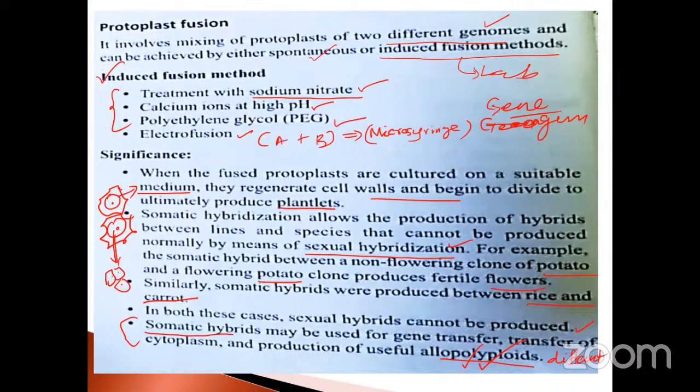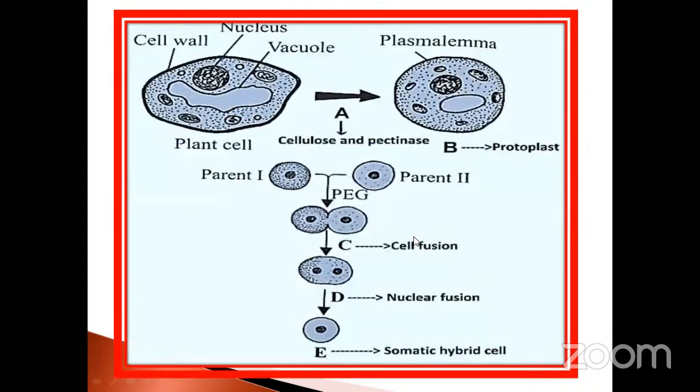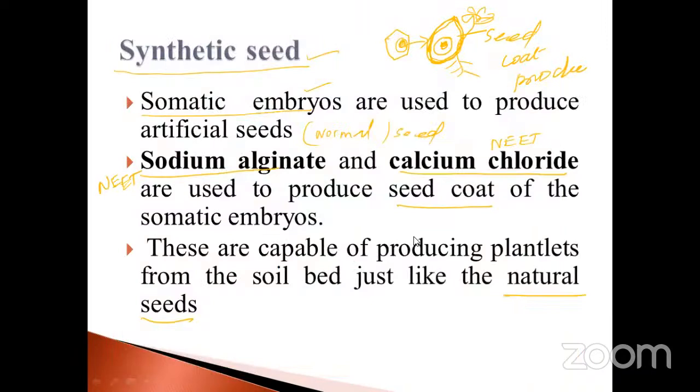You will get the different plant characteristics and properties in the single plant. Okay, already we saw this part. Very deeply. Which enzyme is used for that? That is cellulase, an enzyme. PEG, that is very, very important. Okay, so already we discussed this part also. Synthetic seeds also. So with two components, sodium alginate and also calcium chloride. Very, very important for the seed coat formation.